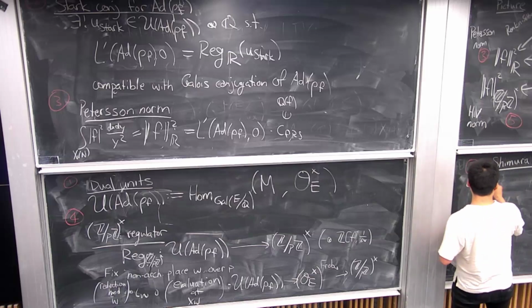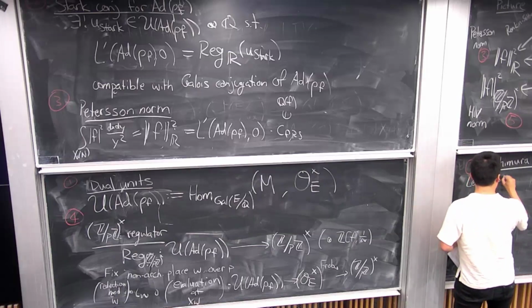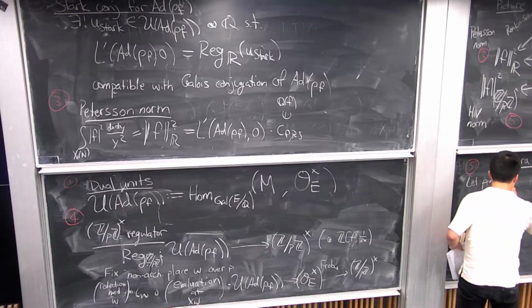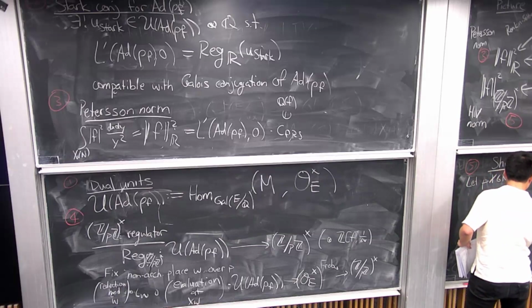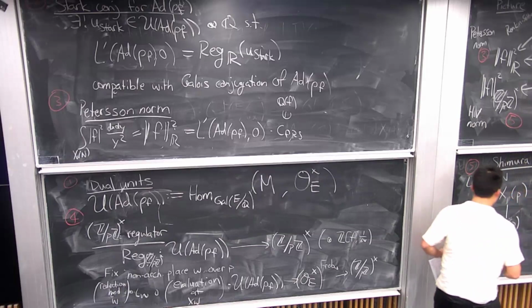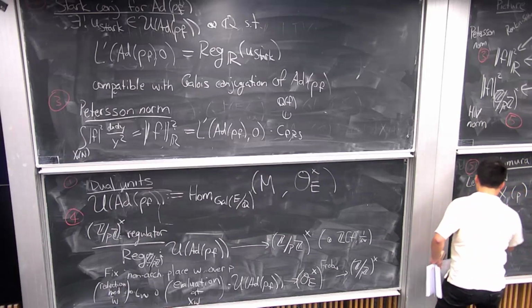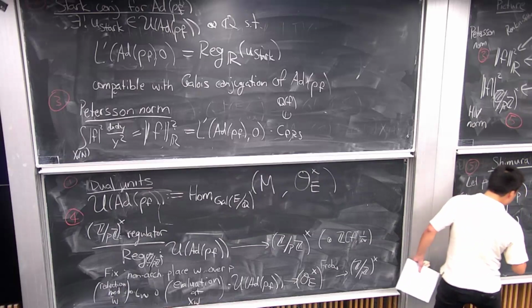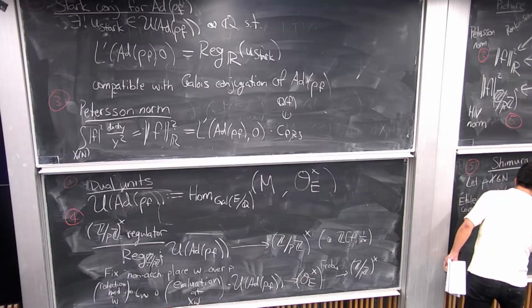But let's take some prime p that's not 2, not 3, and does not divide the level N. Let's look at the cover of modular curves X1(p) over X0(p). So this is in a tall cover. I mean, it's not really a tall, but you can take a subcover of this.